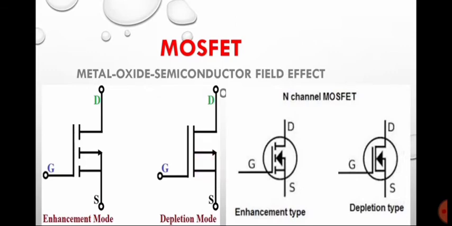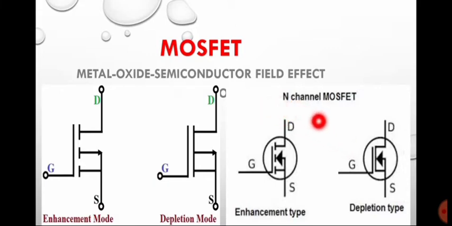The third terminal is isolated from the channel. The space between these two solid lines shows that the gate is insulated from the channel, and it is also known as IGFET, insulated gate field effect transistor.